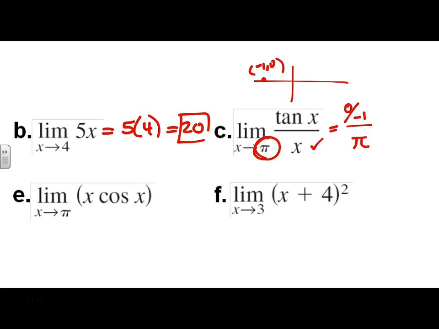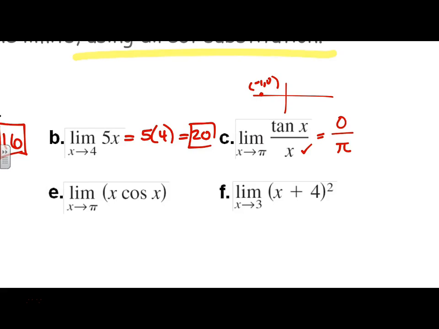And 0 over negative 1 is just 0. Guys, this is well behaved at pi. There's no vertical asymptote here. There's no number over 0 here. So 0 over anything is just 0. So even though this entire function is not always well behaved, he's doing fine at pi. Plug him in, done.